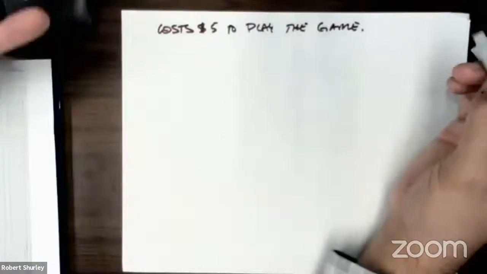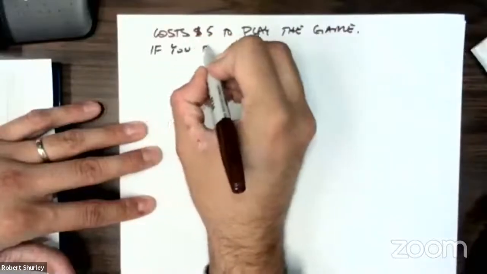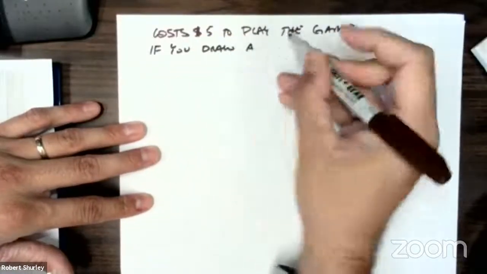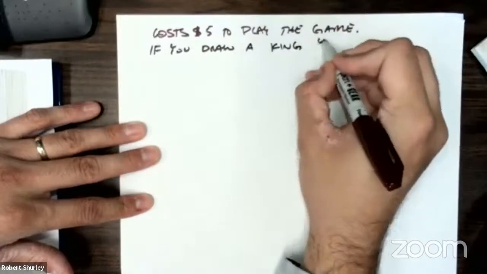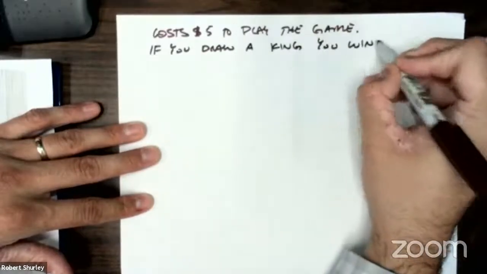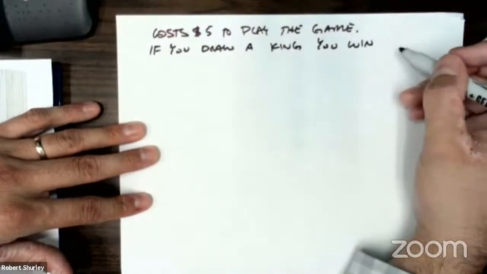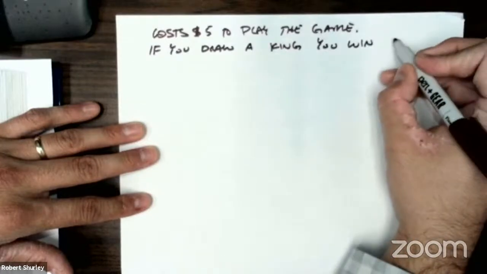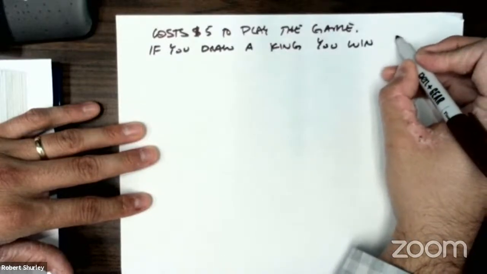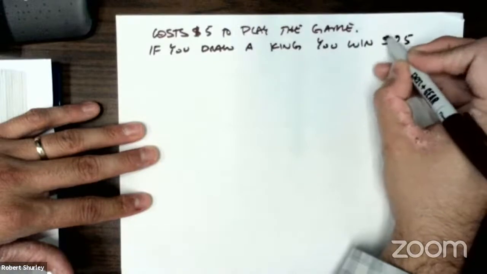So already in a way you're in the hole, right? But if you draw a king, you win, let's say, $25.